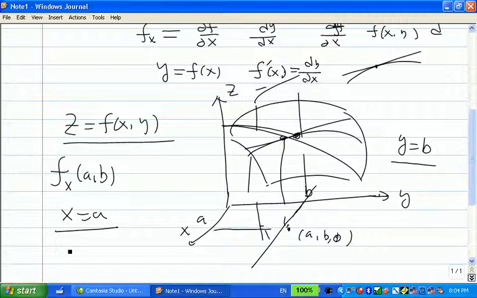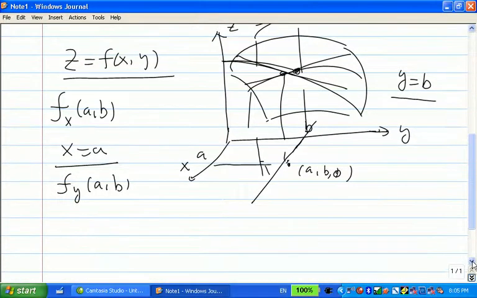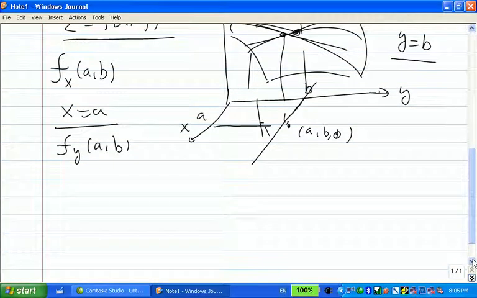Then partial f with respect to y gives you the slope of the tangent for this curve. That's what the partial derivative means. Knowing the geometric meaning of these two partial derivatives is always important, otherwise you find a number and you don't know what it is.